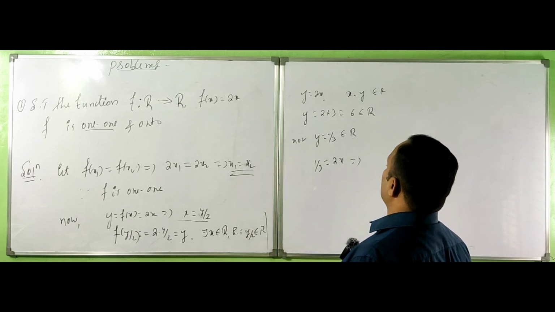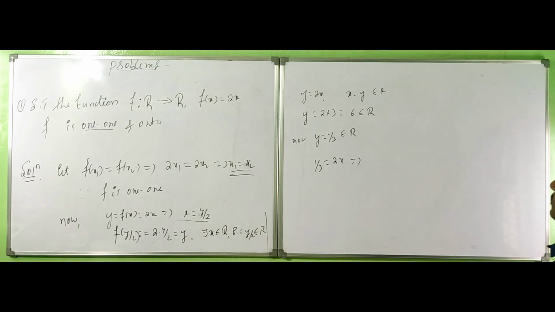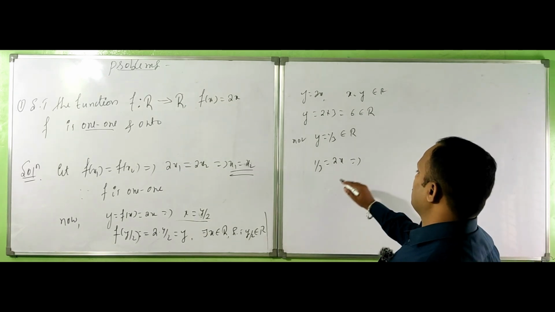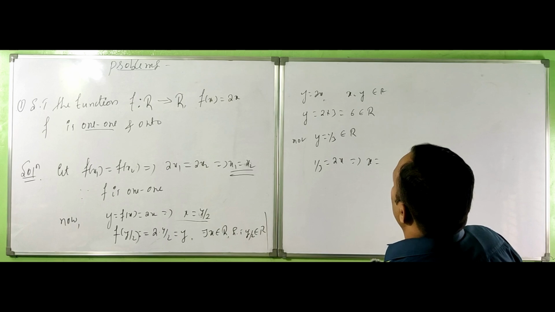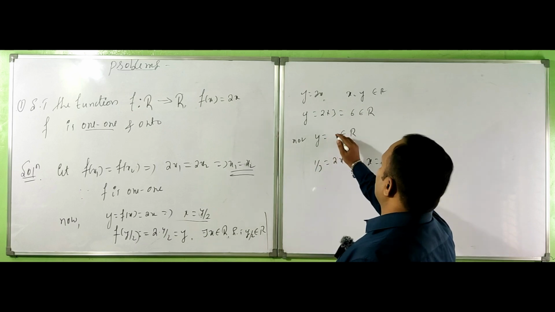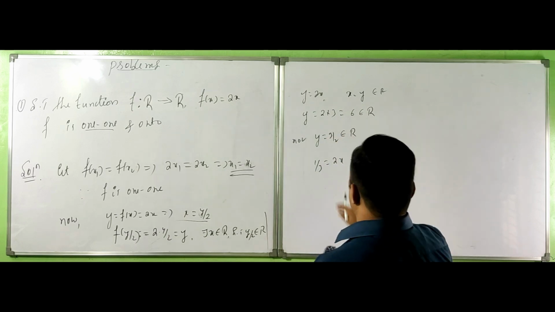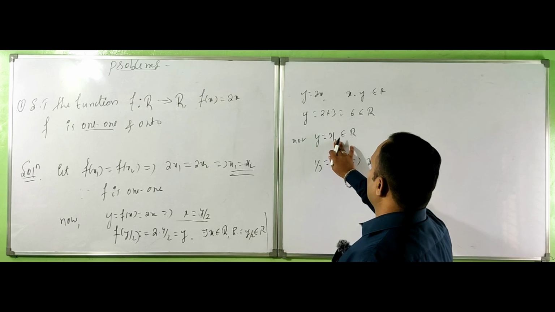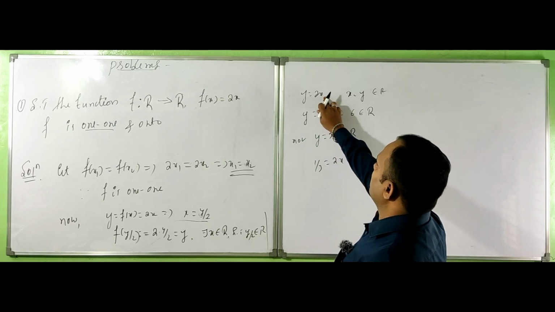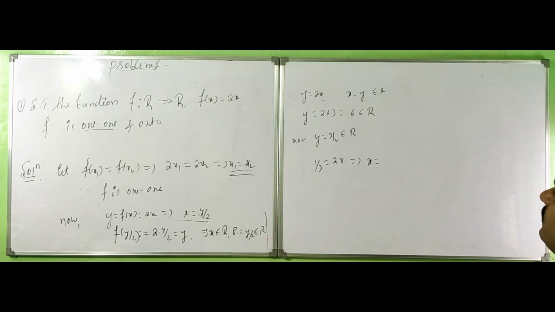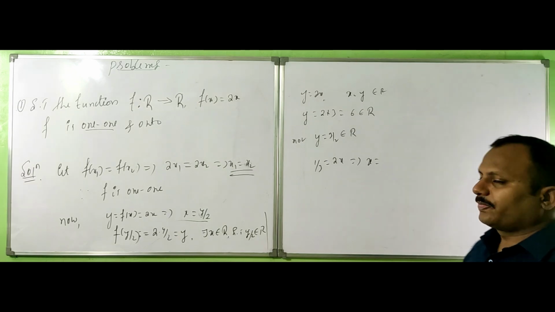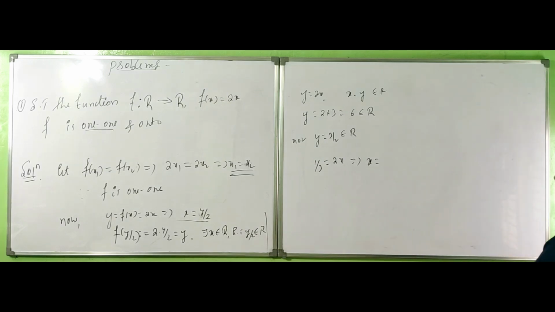This implies that x is equal to 3 by 2, or 2 by 3? You should get the value 3 by 2. This is the confusion.